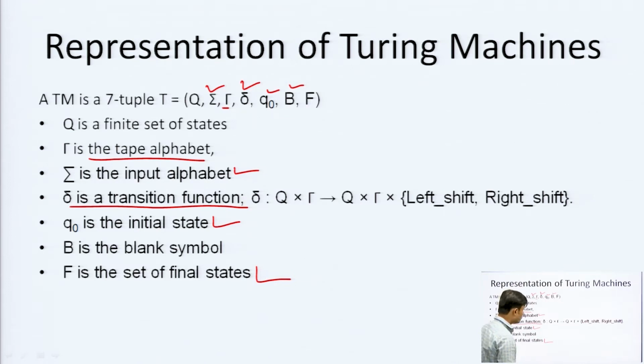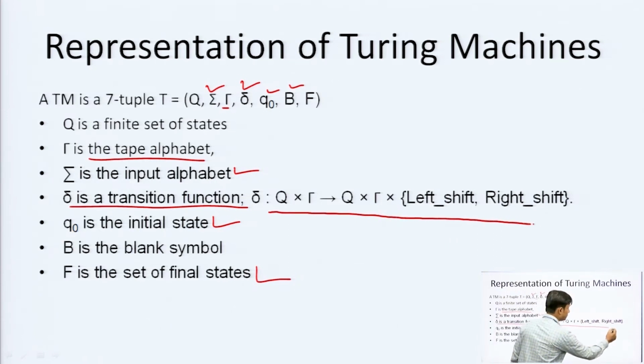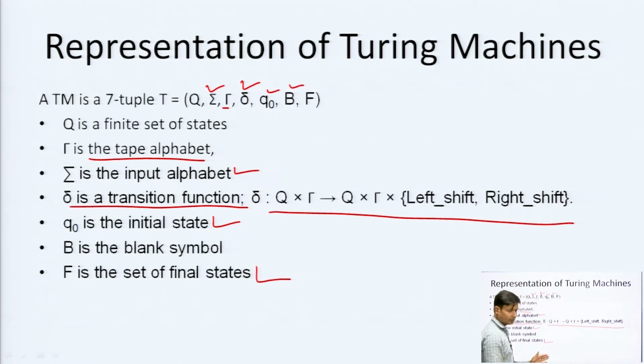So, here we have written the transition function. What is the transition function here? You are in a state Q, then you read a tape alphabet symbol, and then you go to another state.